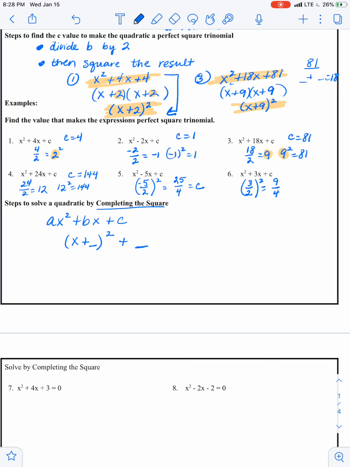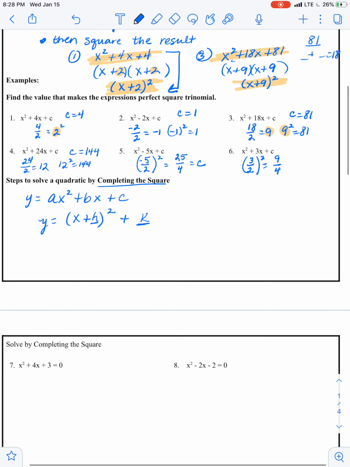Now we tend to change this to h and k as we go on, but we're just rewriting the form from what we call standard form to vertex form. So we're changing the way we're writing our formula.